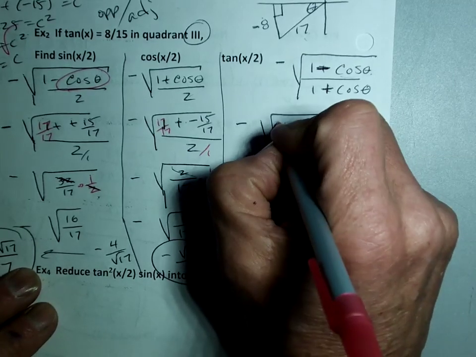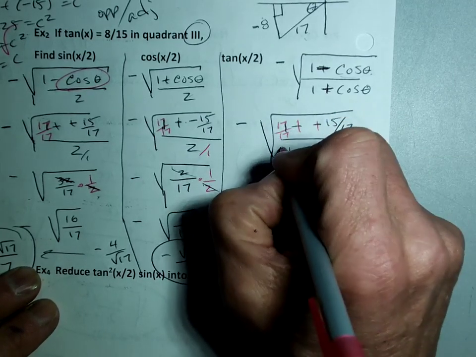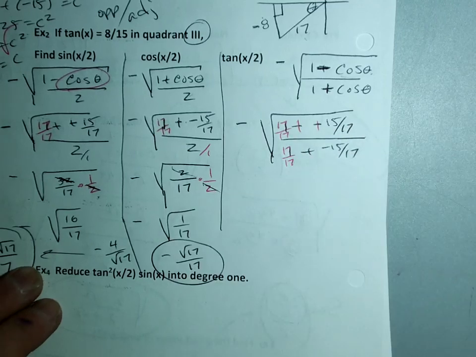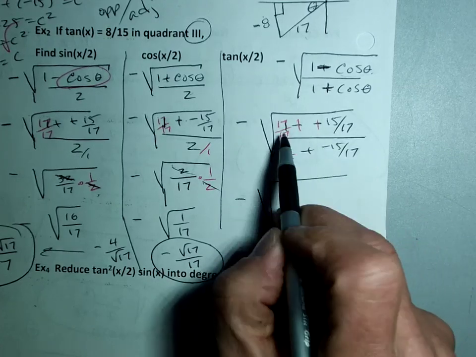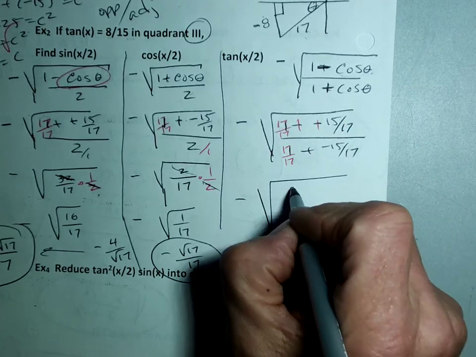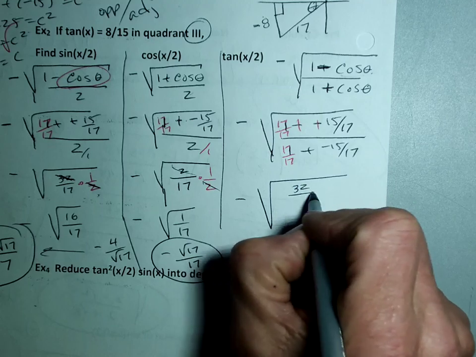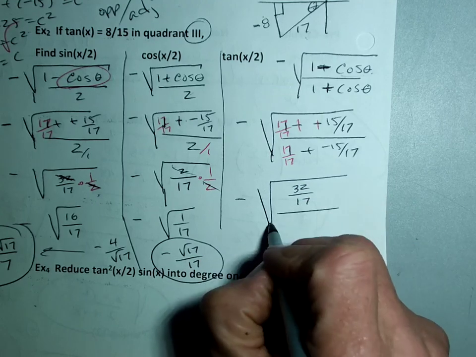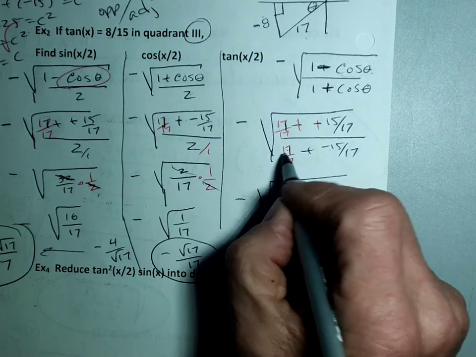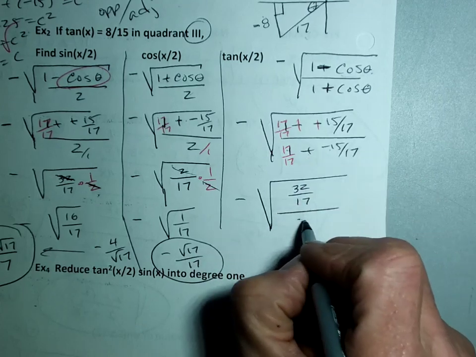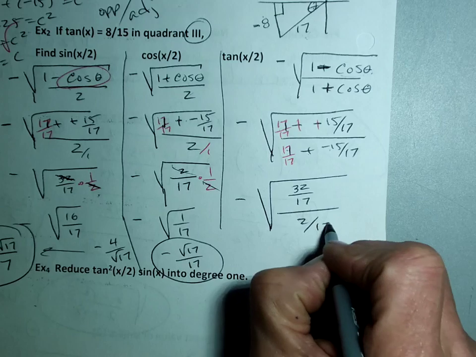So I have a common denominator. Big, ugly square root of 17 plus 15 is 32 over 17, divided by 17 plus a negative 15, which is a positive 2 over 17.